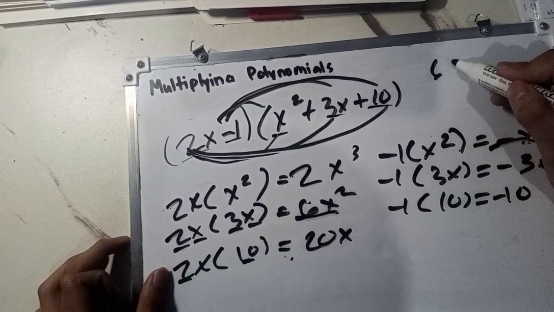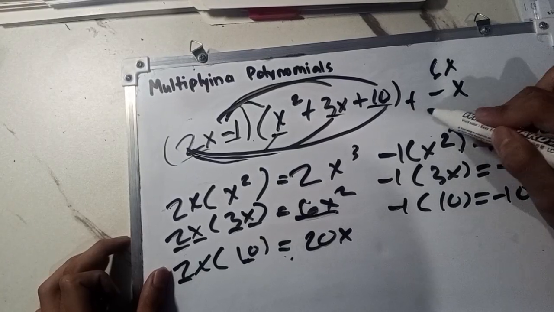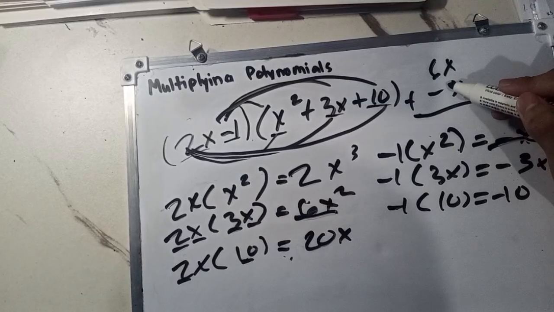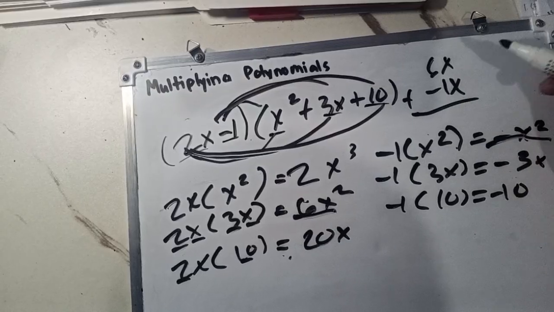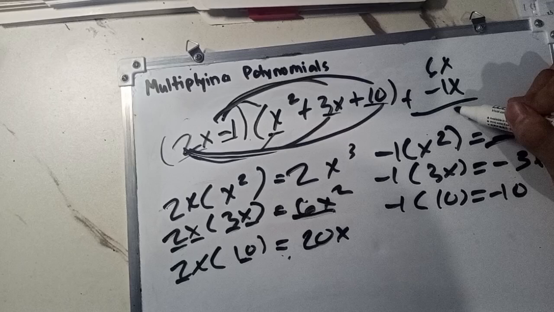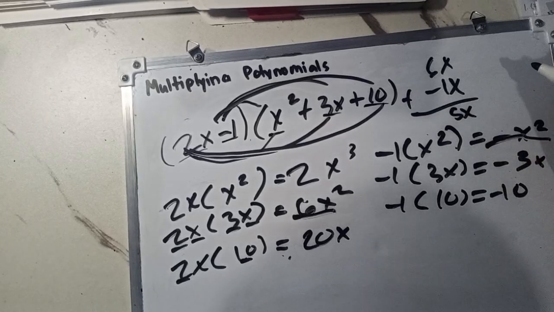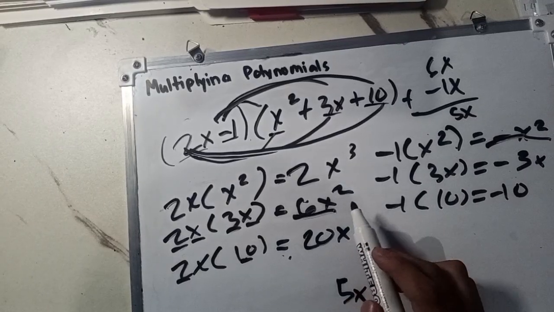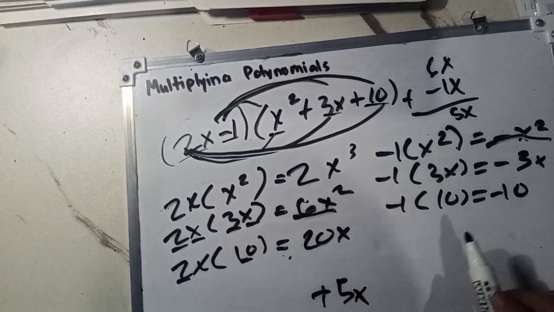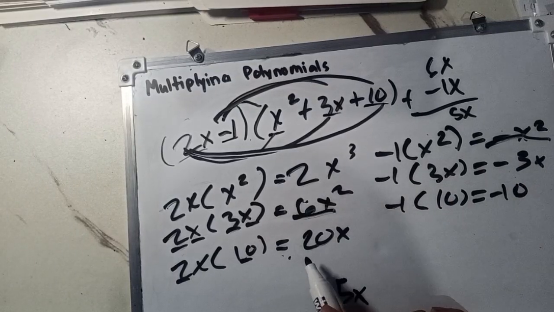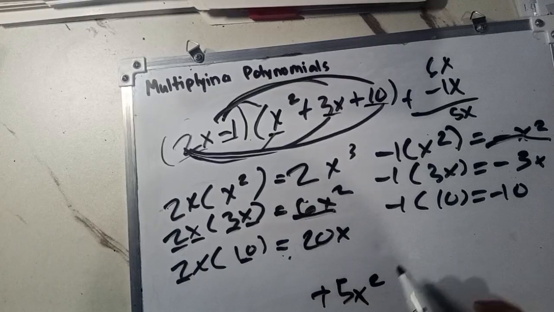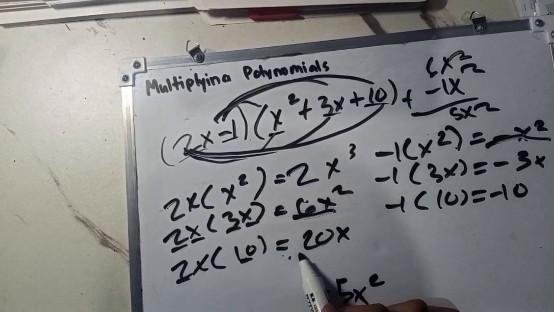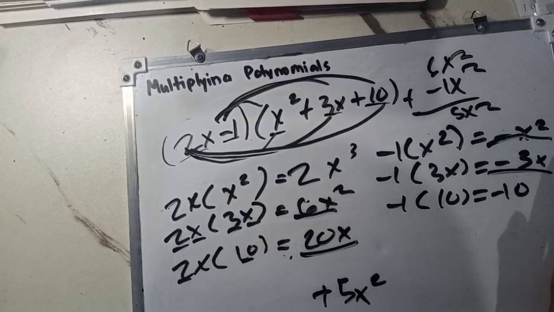Okay. So, 6x squared plus negative x squared. We assume that there is 1 beside x squared. So, 6 minus 1 is 5x squared. Okay, so 5x squared. Now, another like term: the other terms that are alike are 20x and negative 3x.